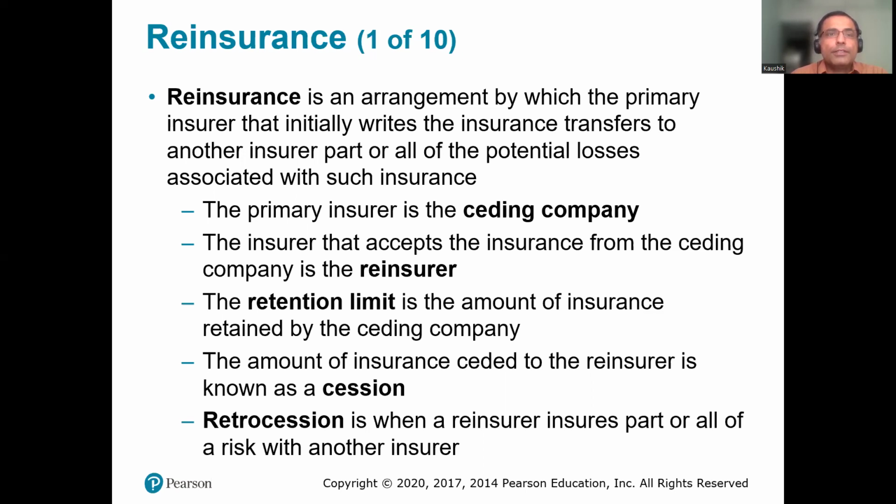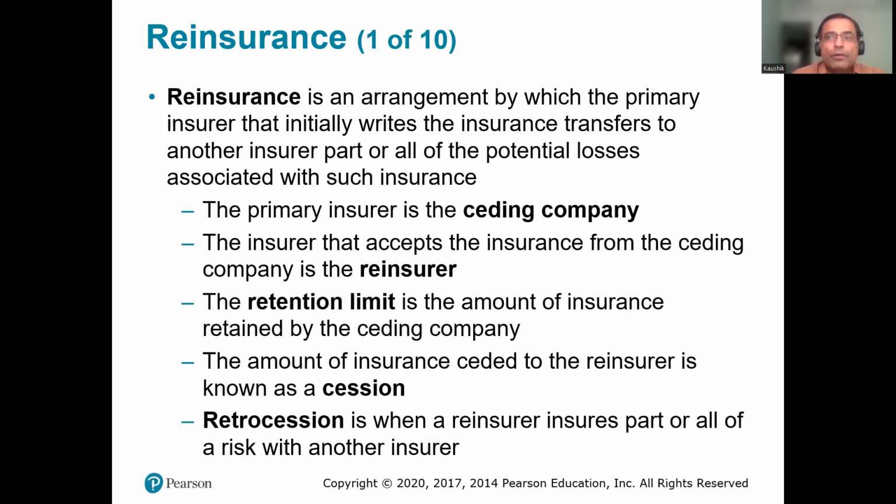So in this case, the insurance company writes an insurance policy and it may transfer part or all of the losses to another company. The insurance company which writes the initial insurance is called the ceding company. The insurance company which accepts the insurance from the ceding company is the reinsurer.